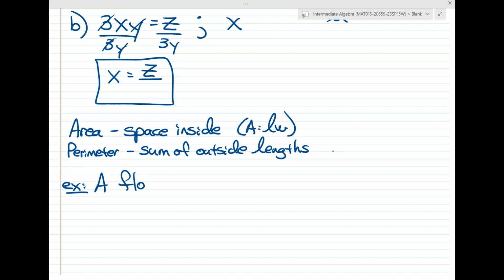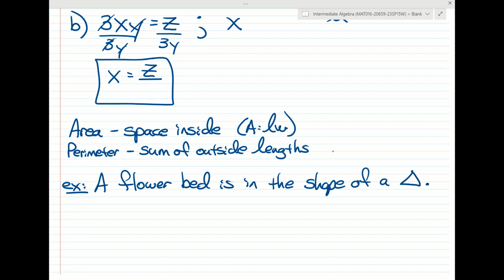A flower bed is in the shape of a triangle.